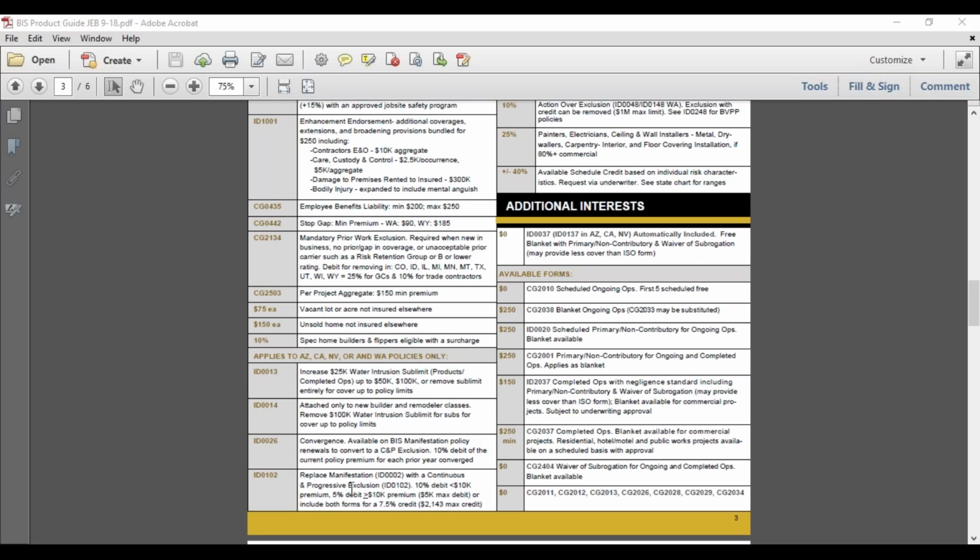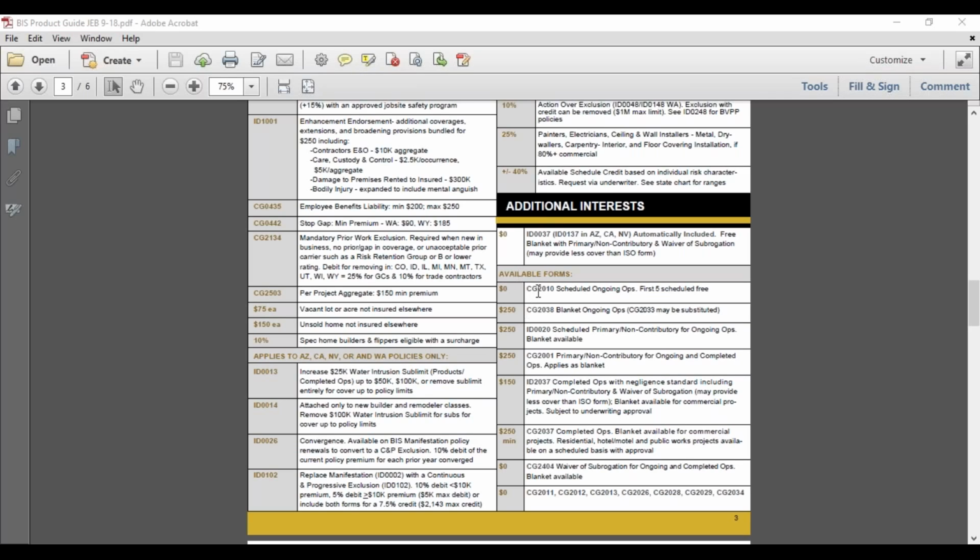On every policy, I'm referring to the additional interest on this page at the bottom right, the ID 0037 or the ID 0137, depending on the state, is automatically included, and it gives you ongoing, free blanket AI with primary non-contributory and waiver of subrogation.